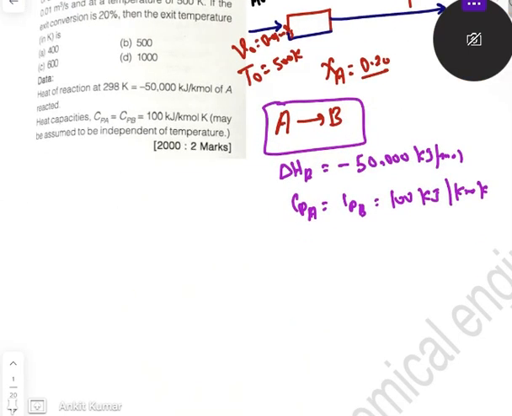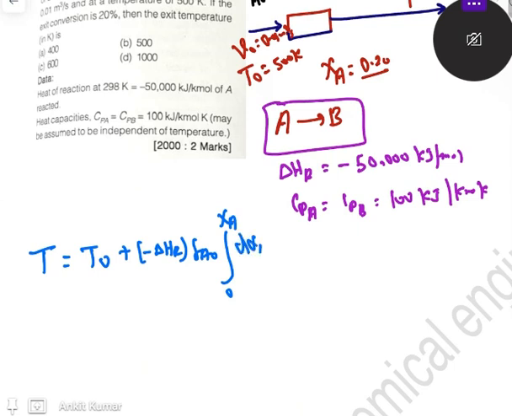So when we do the energy balance in a plug flow reactor, we get the exit temperature T equal to T naught plus minus delta H of R, and Fa naught, integral from 0 to Xa of dXa, upon summation of Fi Cpi. So what is the meaning of summation Fi Cpi?